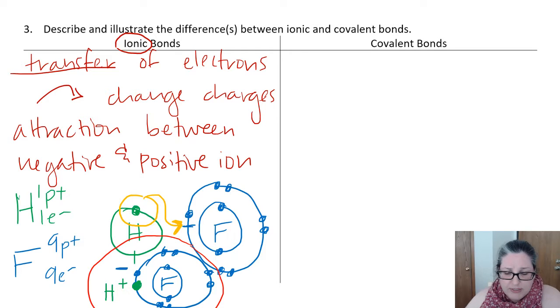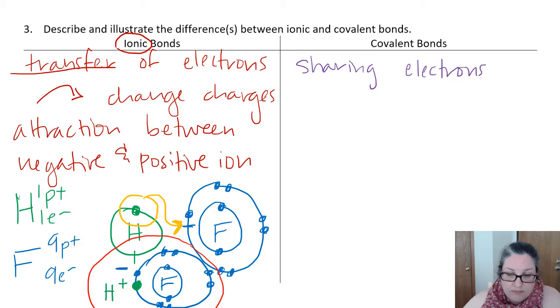In a covalent bond, it's a sharing of electrons. They're going to share instead of transferring because that's what's more favorable for them. So there is no change of charges.